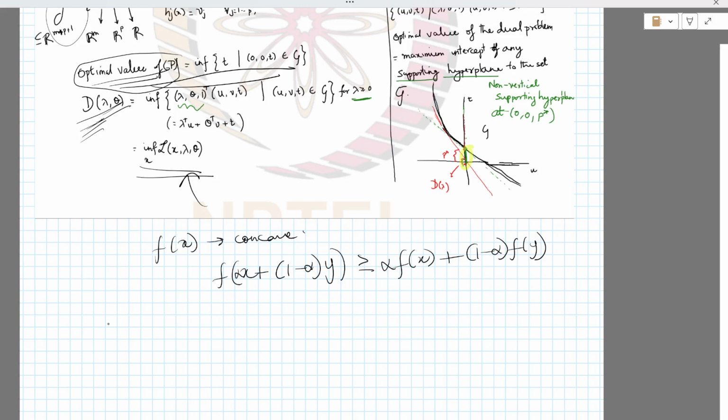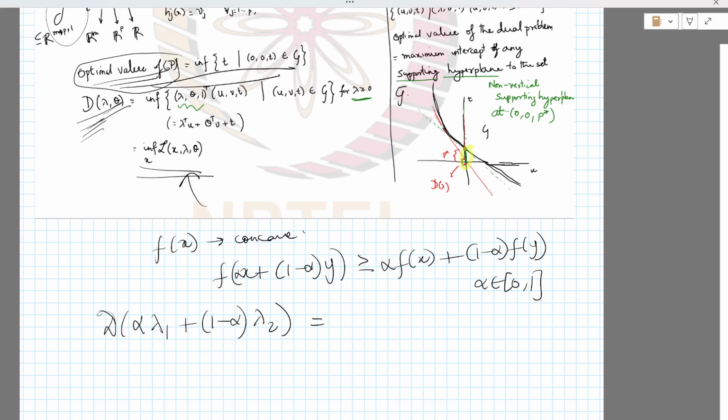So let's say I take d(alpha lambda 1 plus (1 minus alpha) lambda 2), where alpha is between 0 and 1.